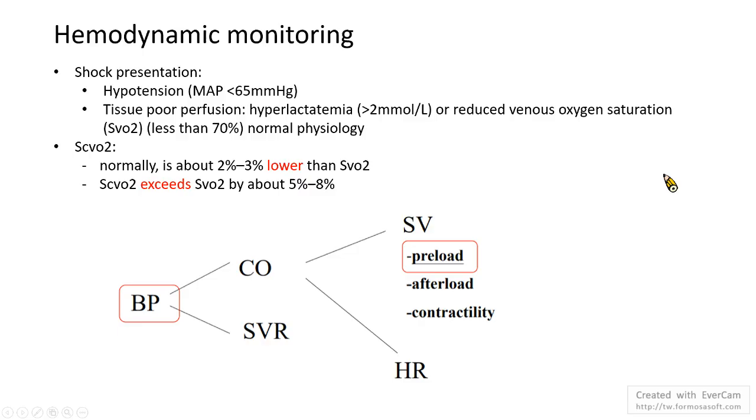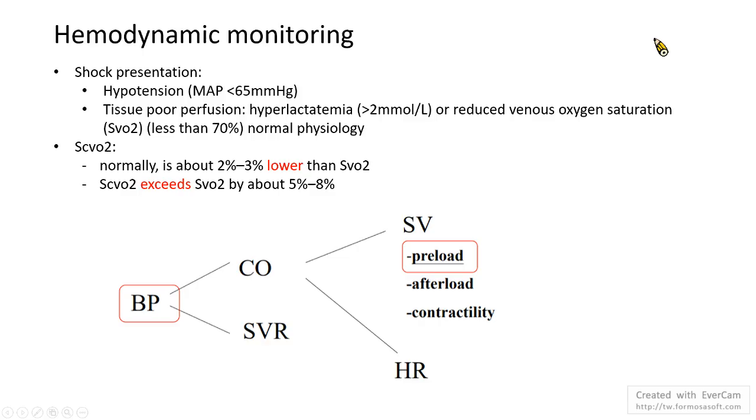And when it comes to differentiating different types of shock presentation, it is quite important not just to define it by a static level, such as the central venous pressure or just the blood pressure itself.